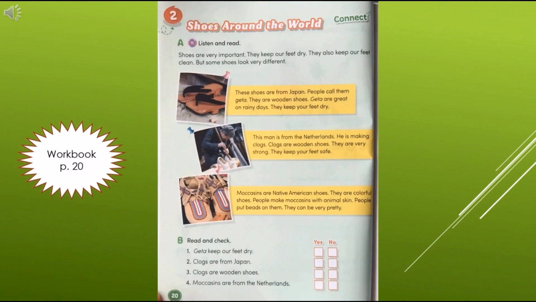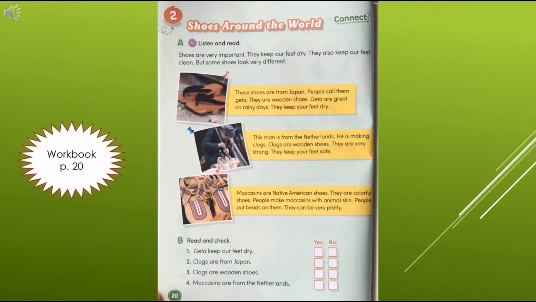Listen and read. Shoes around the world. Shoes are very important. They keep our feet dry. They also keep our feet clean. But some shoes look very different. These shoes are from Japan. People call them geta. They are wooden shoes. Geta are great on rainy days. They keep your feet dry.